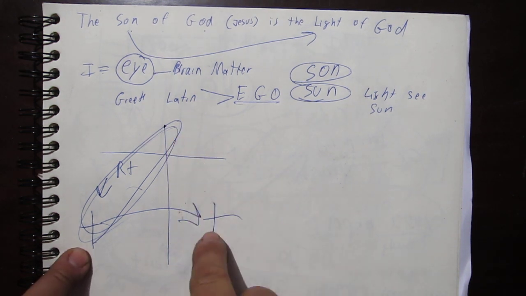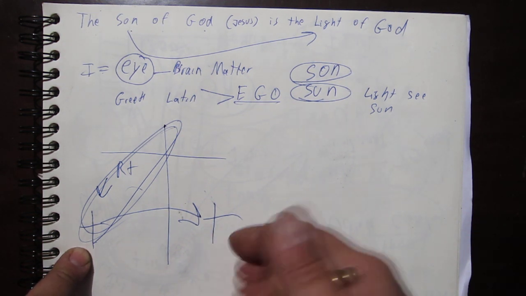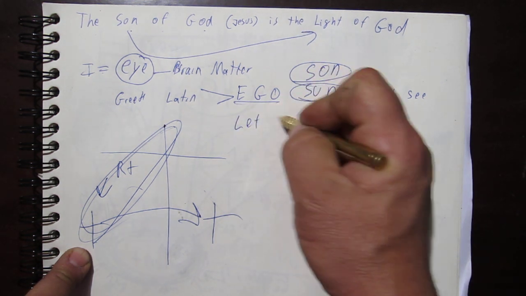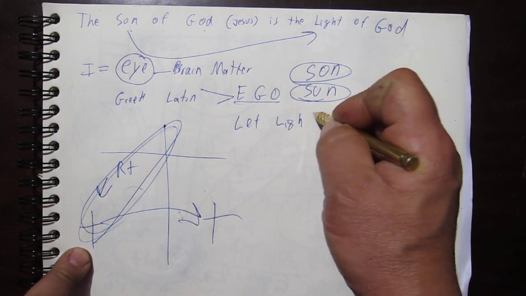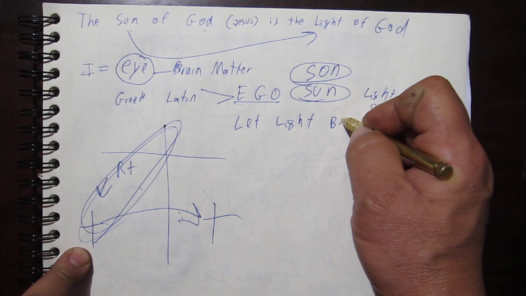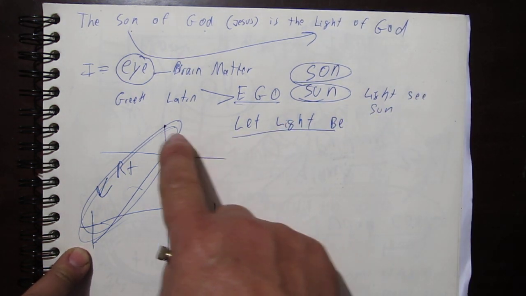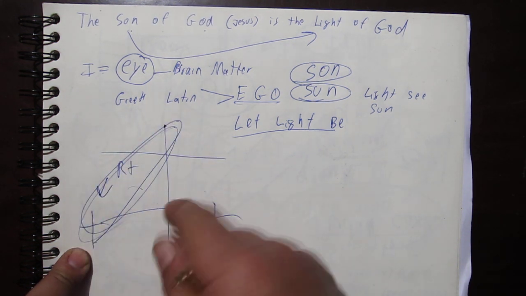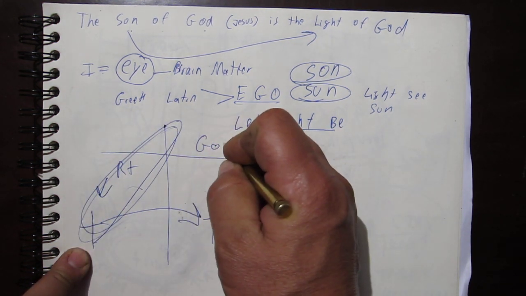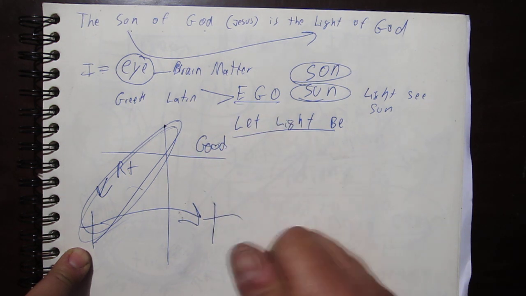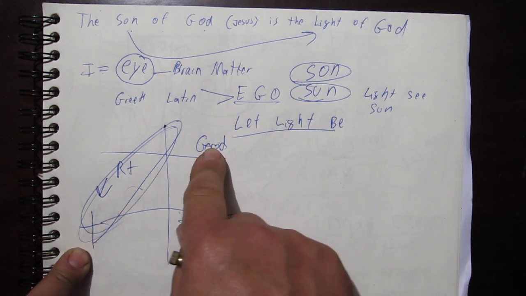Jesus never spoke to the other person. Now, why is that important? Because in the beginning, the first spoken words were, "Let light be." And God seeth the light, and the light is good.